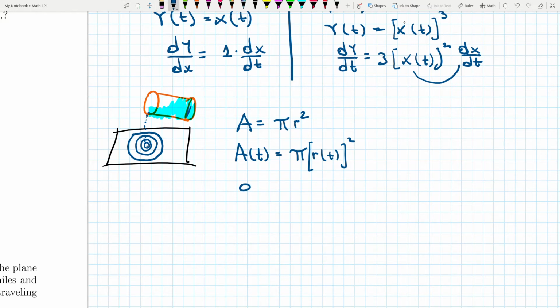That is, dA/dt equals pi, so 2 times pi r of t, 2 minus 1 is 1, times the derivative of r with respect to t.